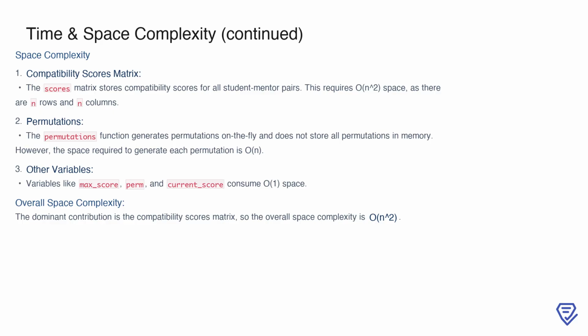However, generating each permutation temporarily requires O(n) space. Apart from these, the algorithm uses a few additional variables like max_score, perm, and current_score, which take constant space, or O(1). When we combine these, the space complexity is dominated by the compatibility scores matrix, leading to an overall space complexity of O(n²). This makes the algorithm efficient in terms of space usage relative to its time complexity.